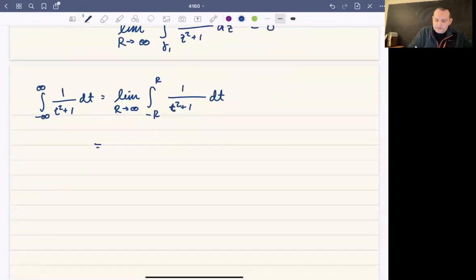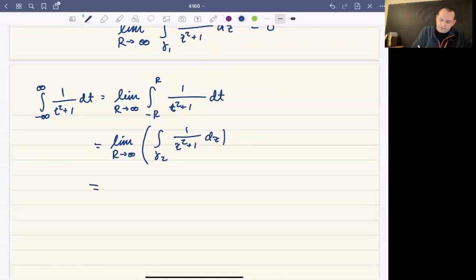And we recognize that this is the limit as r goes to infinity of the integral over gamma 2, which, let me write this precisely, is the integral over gamma minus the integral over gamma 1.